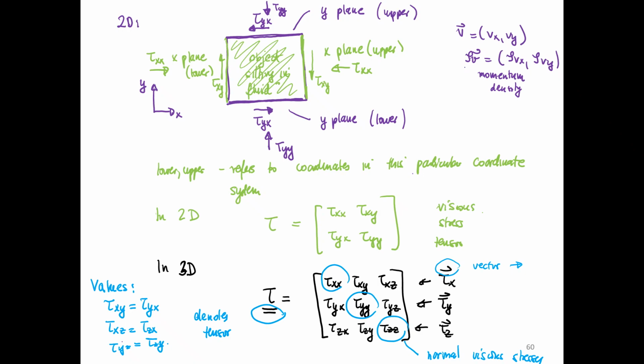Now, conceptually, why we want to put things into a tensor, and describe things with this matrix, is the action of this tensor on any direction. Say I'm not always going to be placing coordinate planes in my fluid. Say I put in a plane, right?